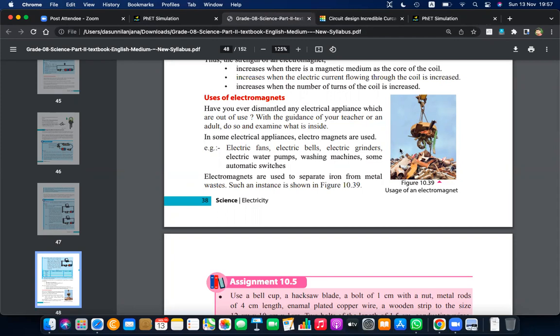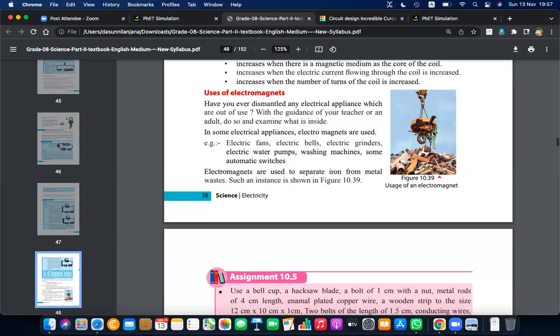Some metals like gold do not show any attraction to magnets. But some metals, especially iron-like things, will be attracted to magnets. So electromagnets can be used in such places where you want to separate, or sometimes in towing.